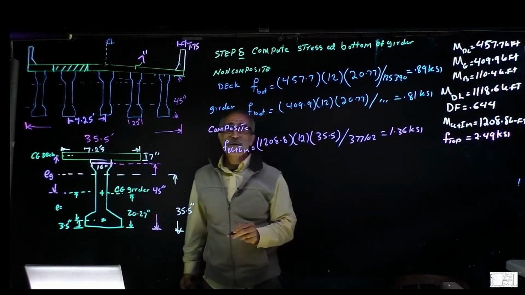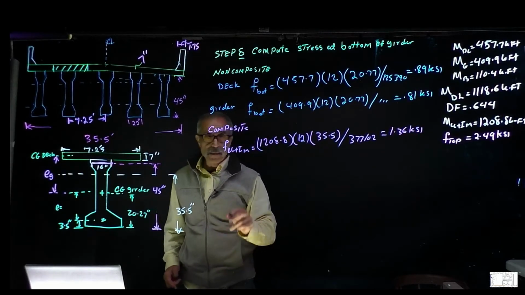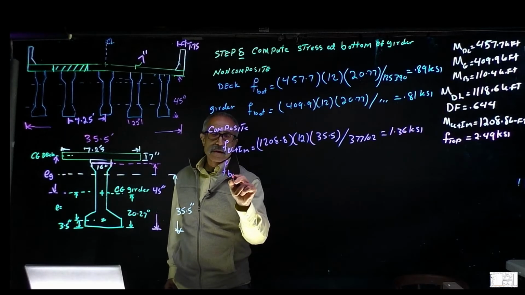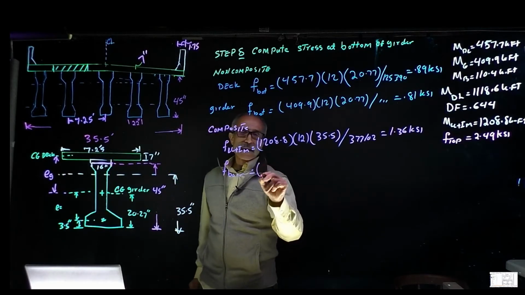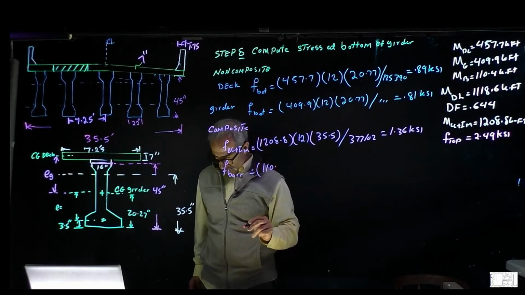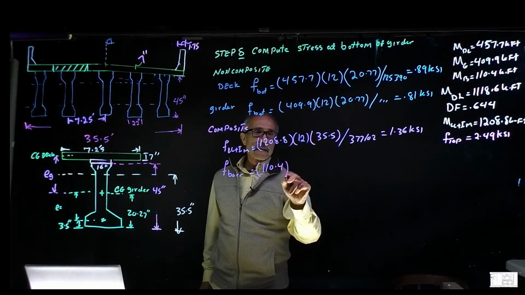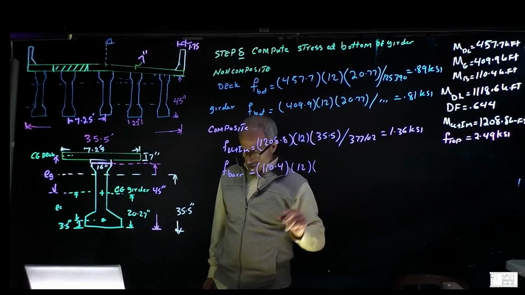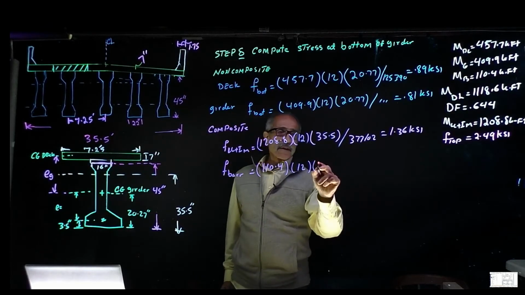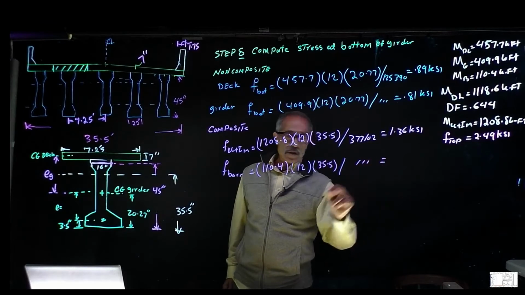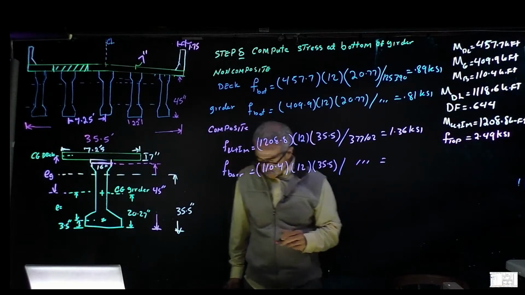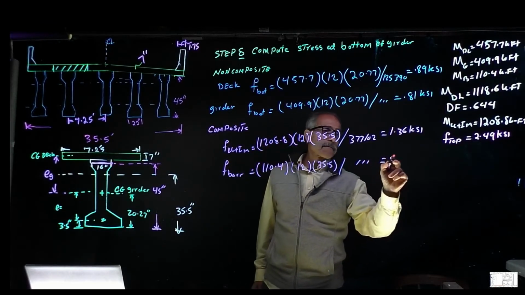So now the next thing we have is for the barrier. And that's going to be 110.4 times 12 times, same thing here, 35.5 divided by the same moment of inertia, and that'll give me 0.124 KSI.